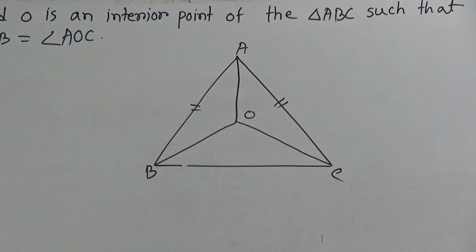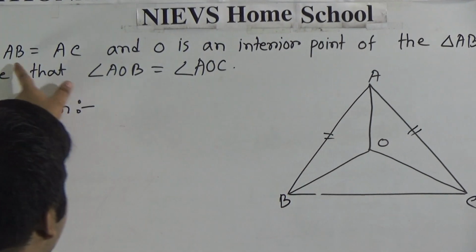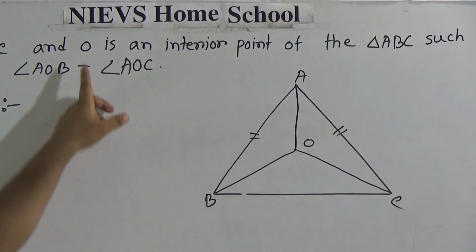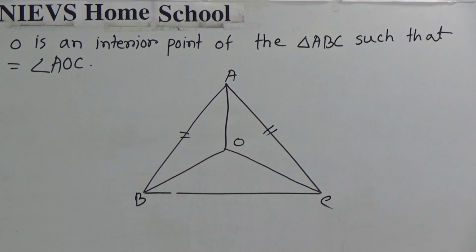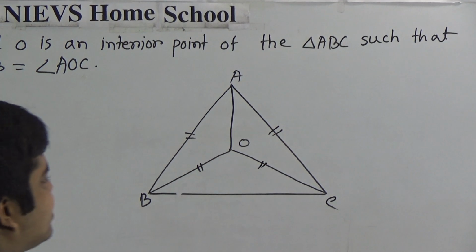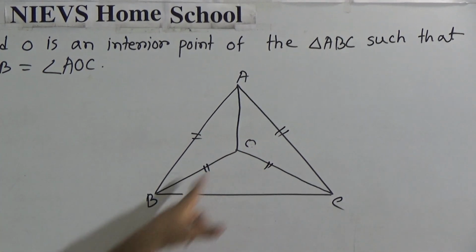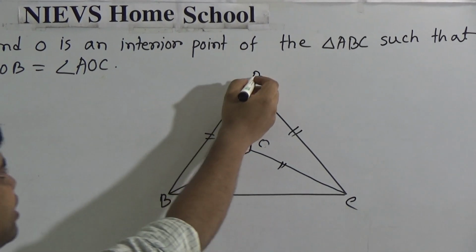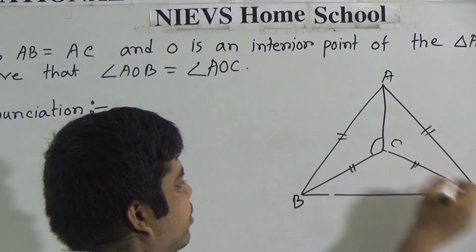Now notice, in triangle ABC, AB equal to AC, and O is the interior point such that BO equal to CO. It is required to prove that angle AOB equal to angle AOC.